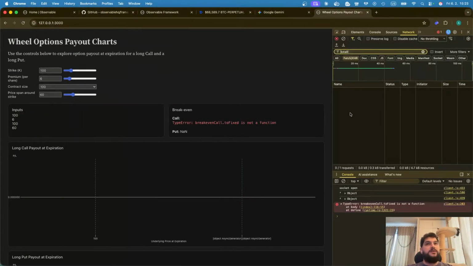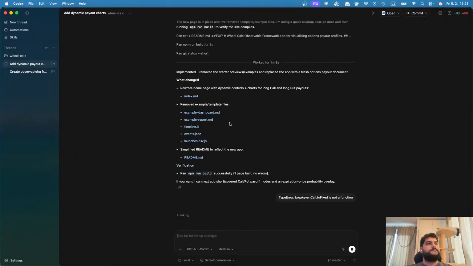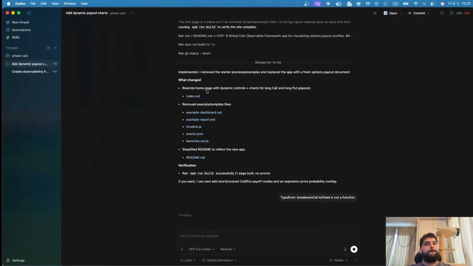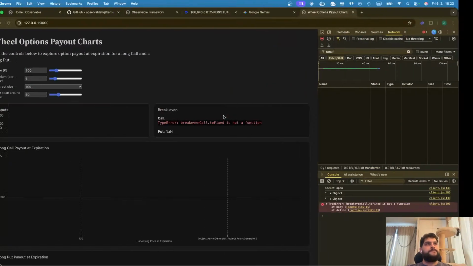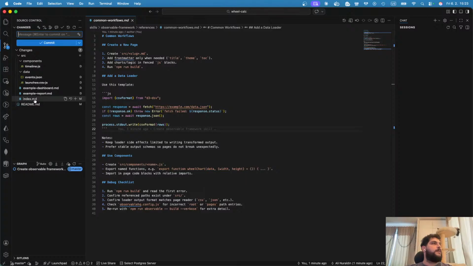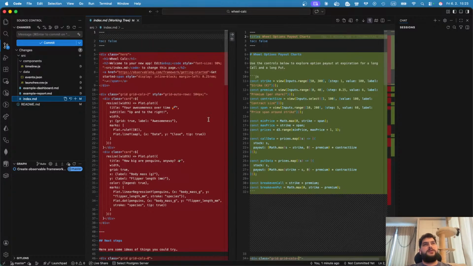Let's see if there are any errors. Okay, so what we've got here is it just removed everything from the README and all the files that were created before and created a new one.